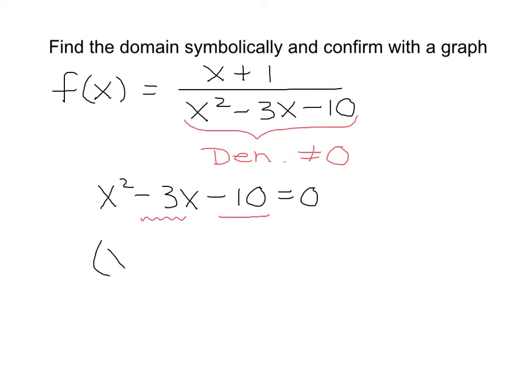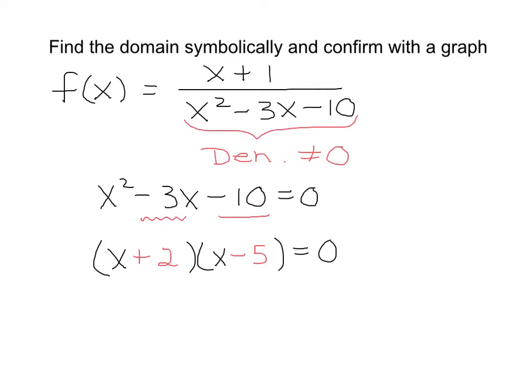Let me go ahead and set up our two factors with x's in the front spots. So the two numbers that would meet that criteria would be a positive 2 and a negative 5.